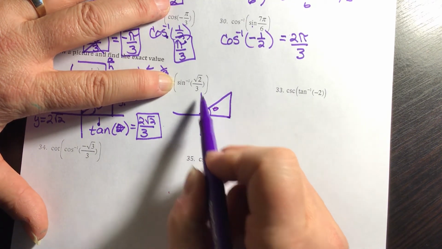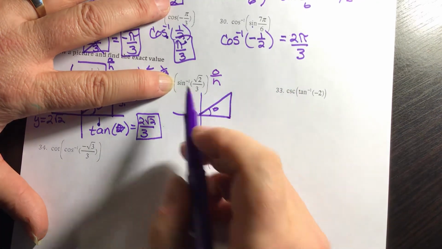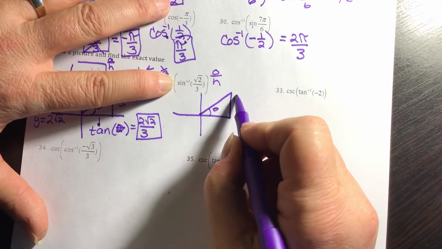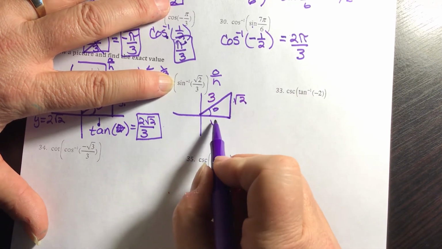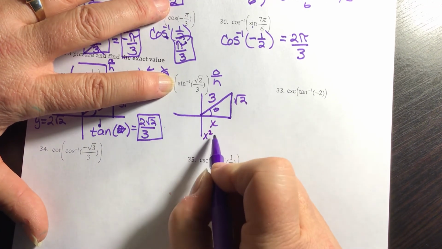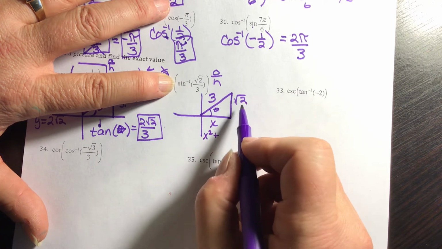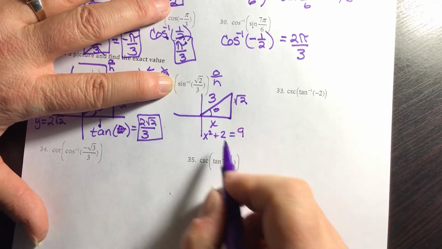The sine is opposite over hypotenuse. So the side opposite is square root of 2. This is 3, and this is x. So I have x squared plus y squared, which is 2, equals 3 squared, which is 9.